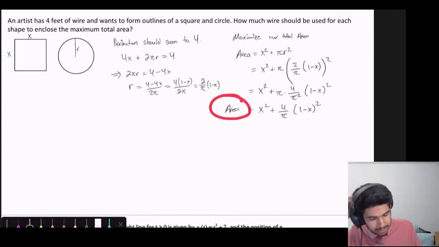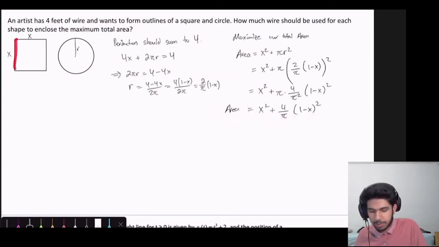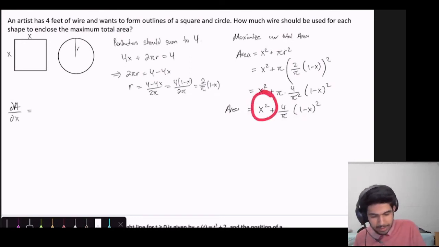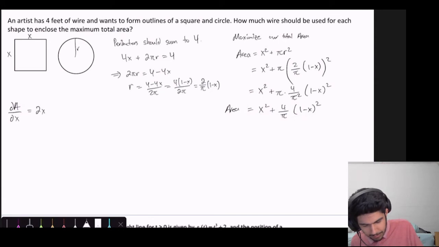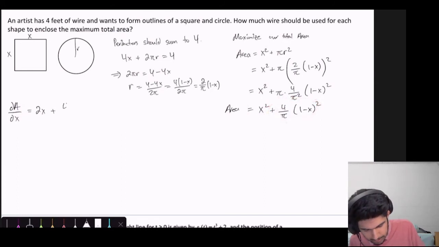We want to maximize this. So now we can take the derivative with respect to x, which is one of our side lengths. The derivative of area with respect to x equals the derivative of x squared, which is 2x, plus the derivative of this. This is a constant, so we pull that out.